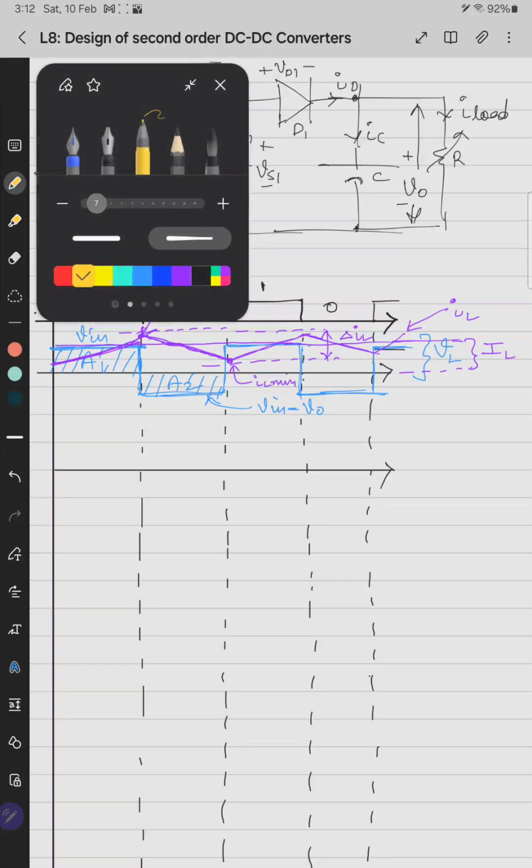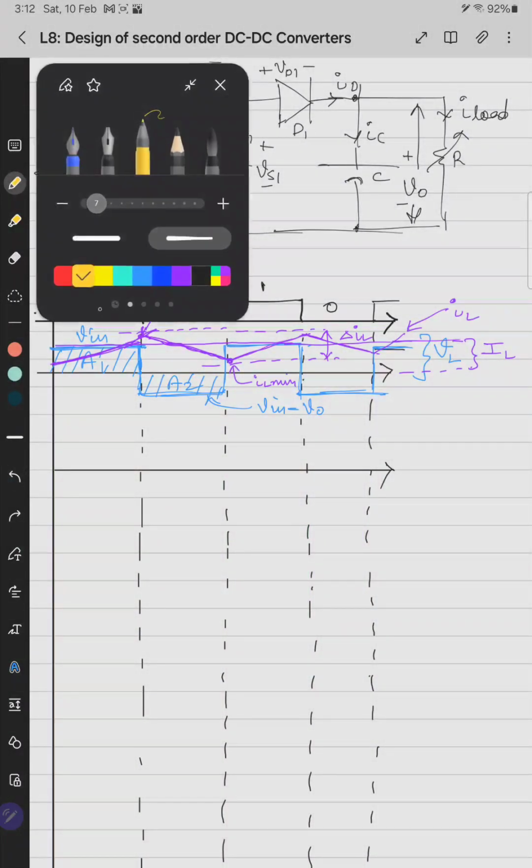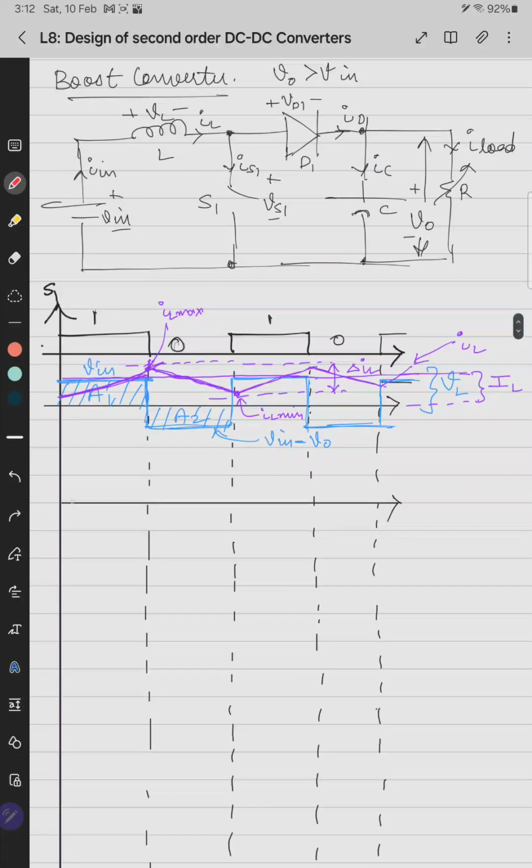So it is 0 and V0. This is Vs1, where this value is 0 and this value is V0.